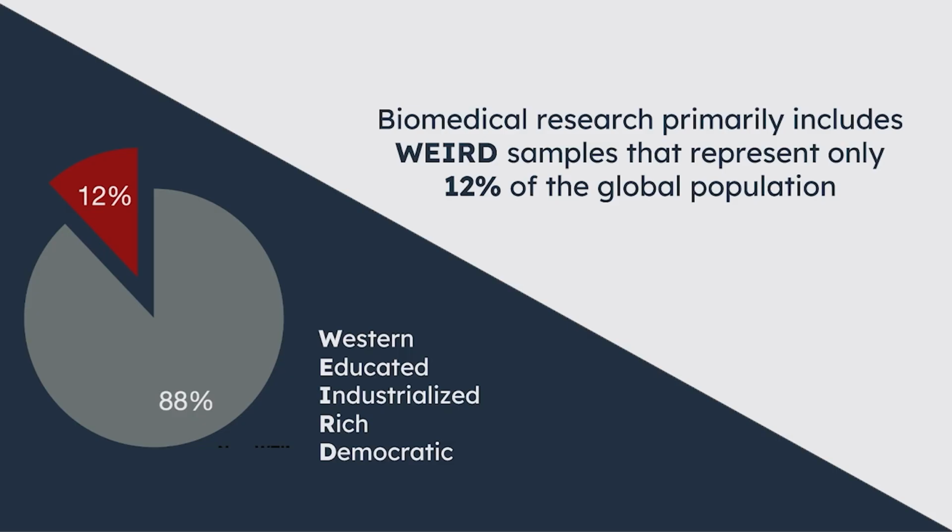Another important point in this space is that biomedical research primarily includes WEIRD samples, this being Western, educated, industrialized, rich, and democratic samples. Here, the brain sciences face a complex and multifaceted problem in that the existing research that we are conducting is primarily in Western countries and is focused on majority populations from relatively homogeneous demographic and environmental circumstances.